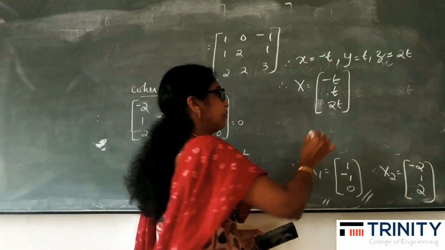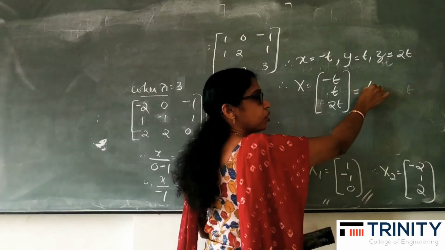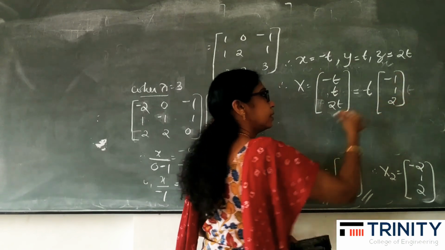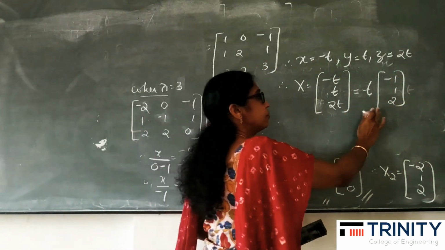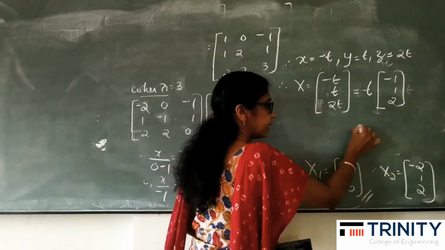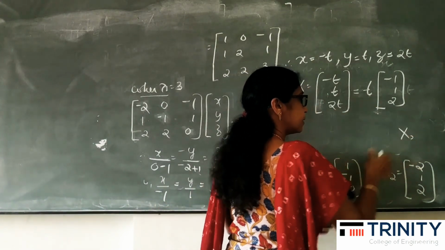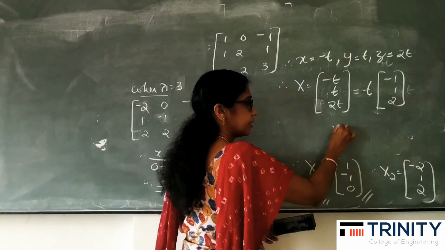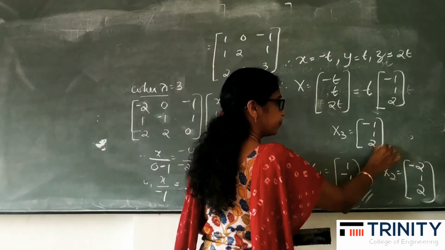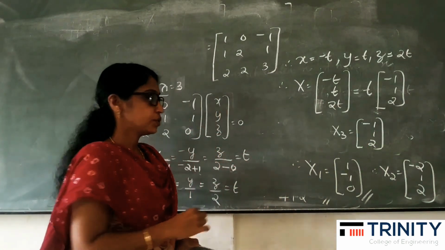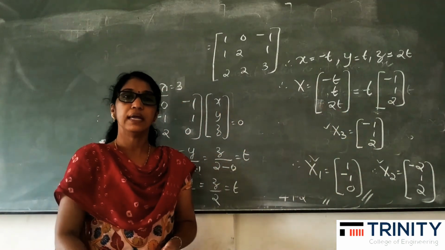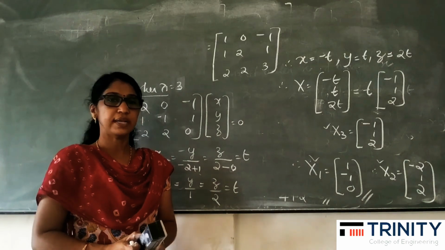Taking t outside as the common factor, we get t into minus 1, 1 and 2. From this we can write x3 as minus 1, 1 and 2. So these are the 3 vectors we got from the eigen values, x1, x2 and x3.